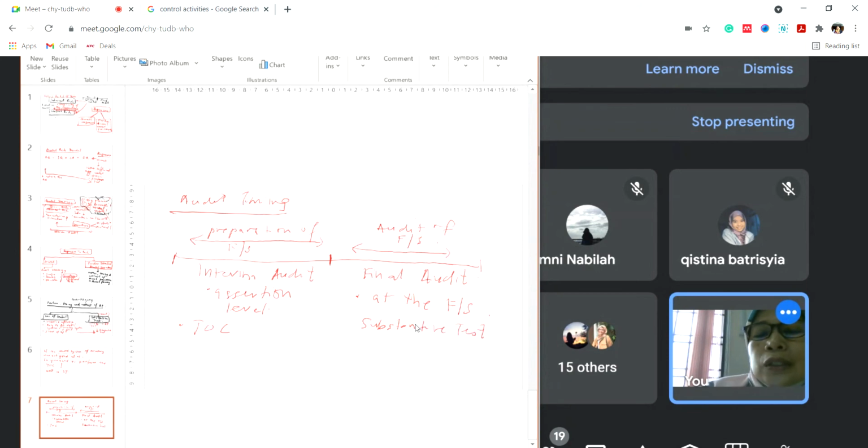So this is how you do your response to risk. Sebab kita belajar responses to risk kan, responding to risk assessment.